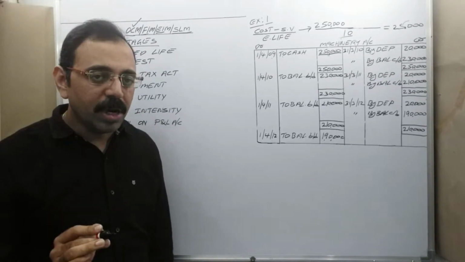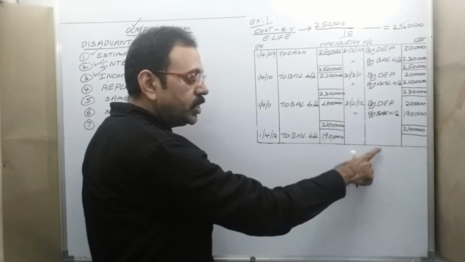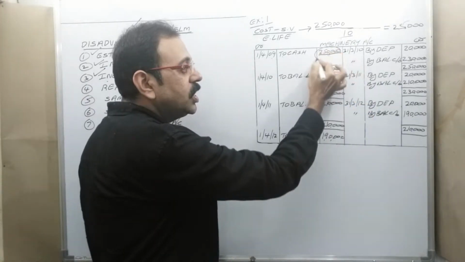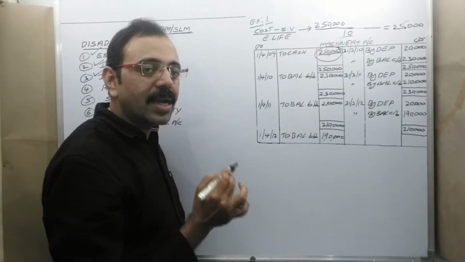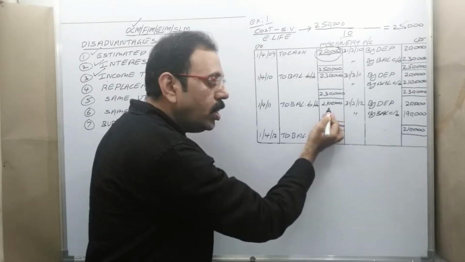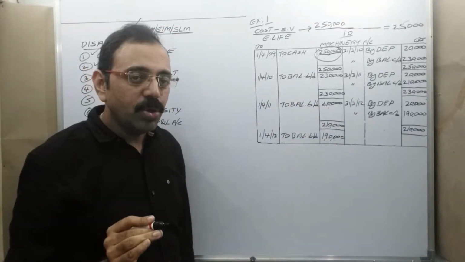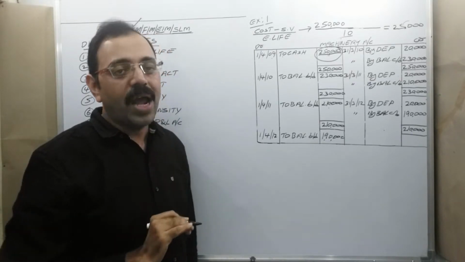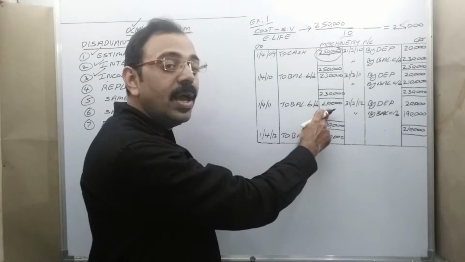In fixed installment method, every year we are calculating the depreciation amounts on original cost of the asset. But Income Tax Act prefers to calculate annual depreciations on diminishing balance values. Diminishing values means what? Written down values. Means what? Opening value of the asset.